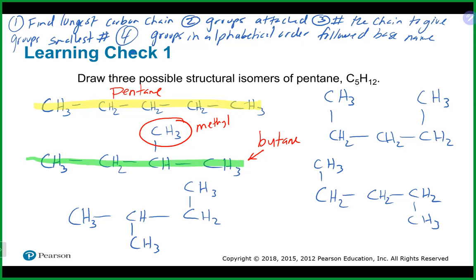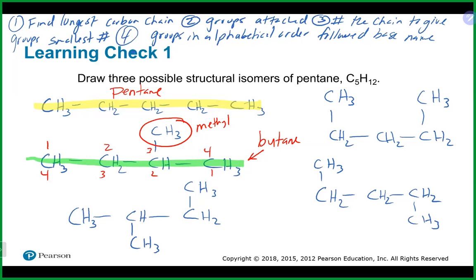Now we have to give the location of this group. So we can number the main chain, which is in green here, one of 2 ways. We could go left to right, which means 1, 2, 3, and 4. We could also number right to left, which is 1, 2, 3, 4. We want to go whichever way gives the group the smallest number.